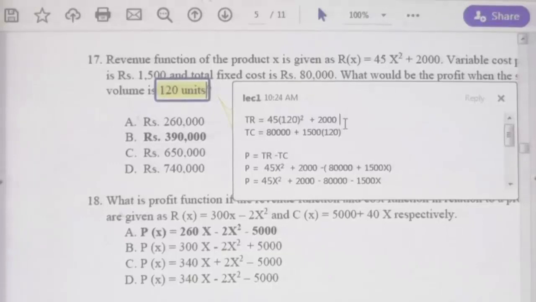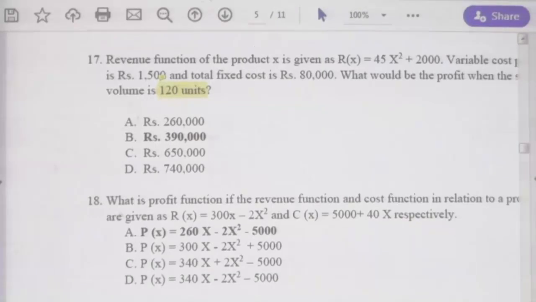Now you can have total revenue and total cost. The difference of those two is also the profit. Any method you can use, that is question number 17, right? You can take total revenue here, total cost here, then the difference will be the net profit, 390,000, right? Let's take question number 18 now.